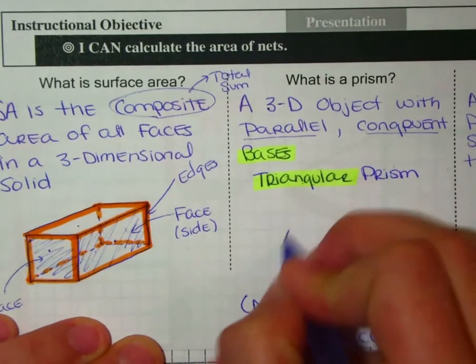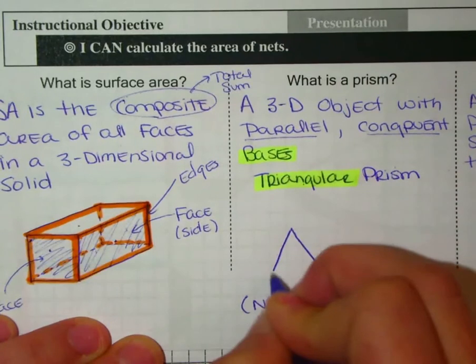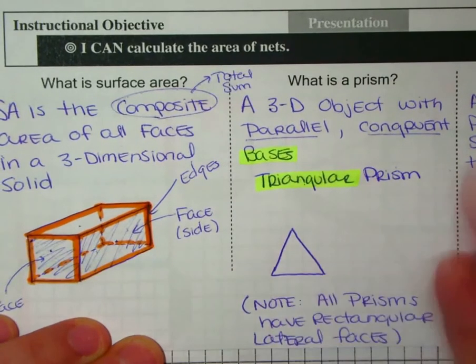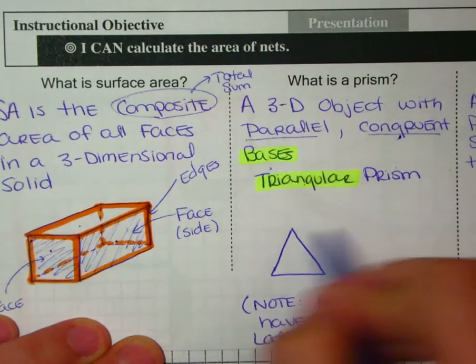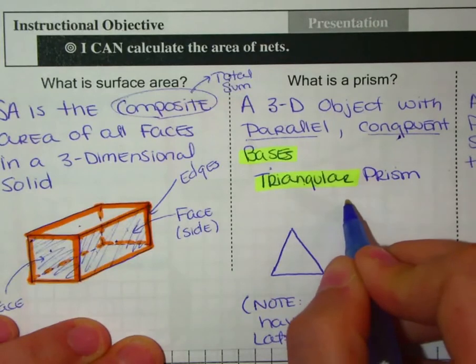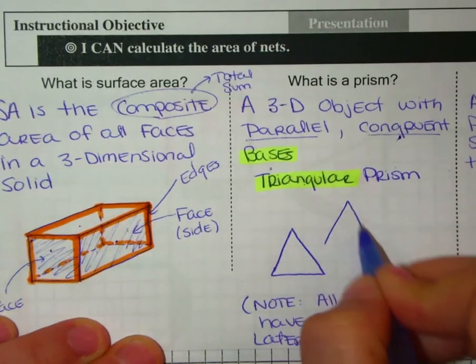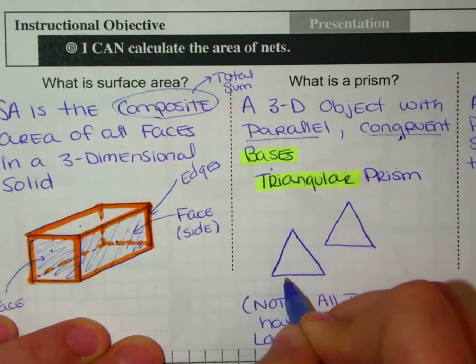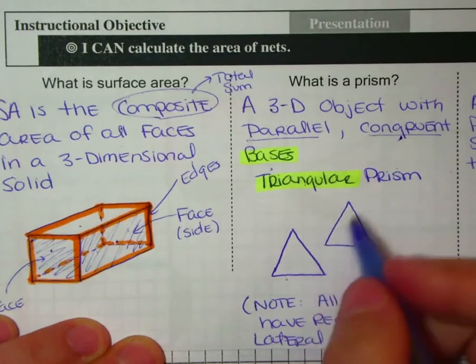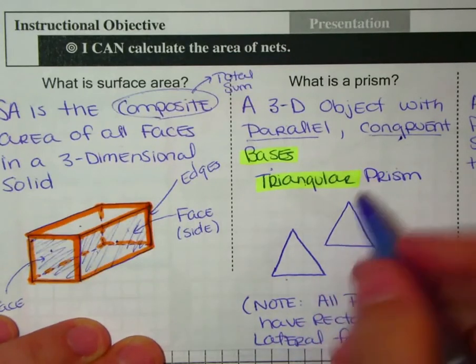So I'm going to draw a triangle. Now, prisms have two congruent bases that are parallel, so off to the back and to the right, I'm going to draw another triangle that is congruent to this triangle. These could be parallel, but they are definitely congruent.